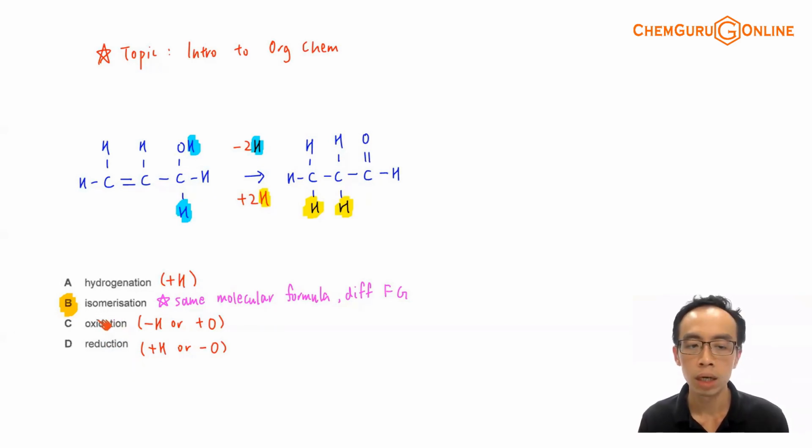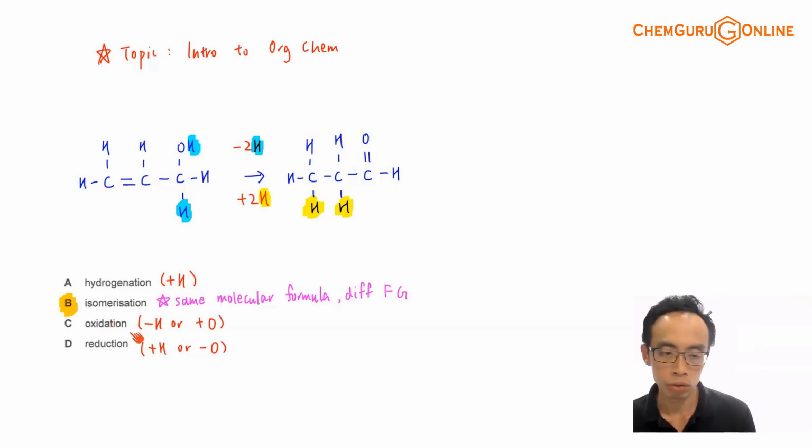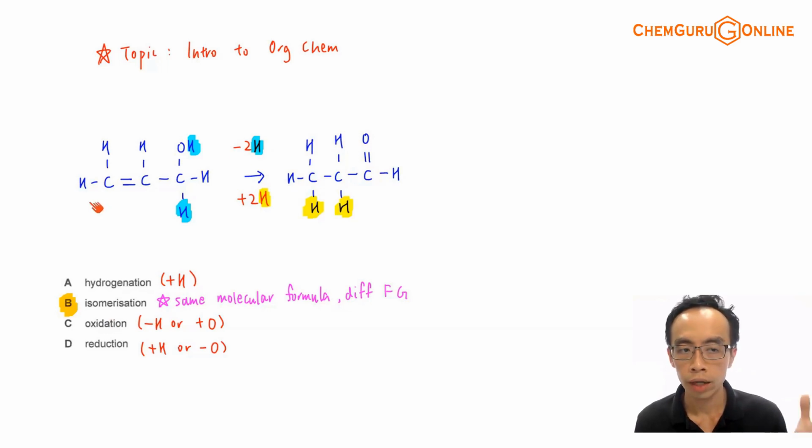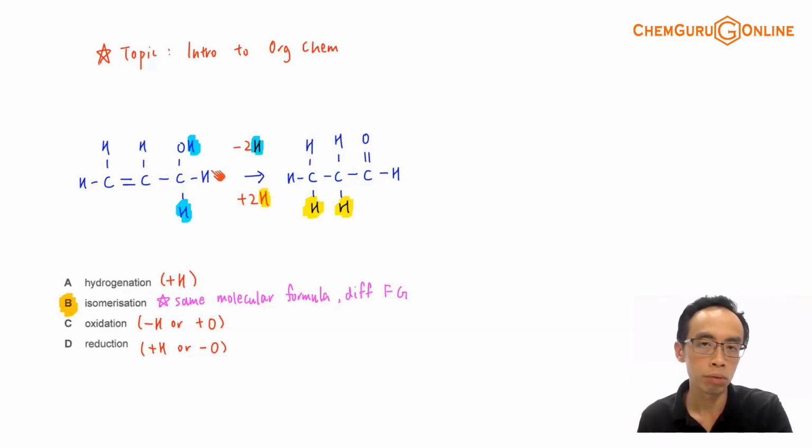Now, involving B in this case, which is pretty interesting because we never encountered this before, but B will be my best answer. We just call this isomerization. Isomerization just basically means that I'm forming another isomer of itself. And if you think about it, when you add 2 hydrogen to alkene and when you remove 2 hydrogen from your alcohol, basically you're just shifting the position of hydrogen from one functional group to another functional group, and the total number of carbon, hydrogen, and oxygen between these two guys are effectively the same.